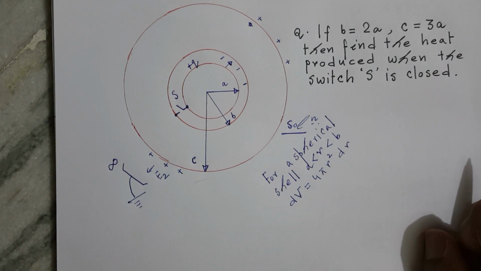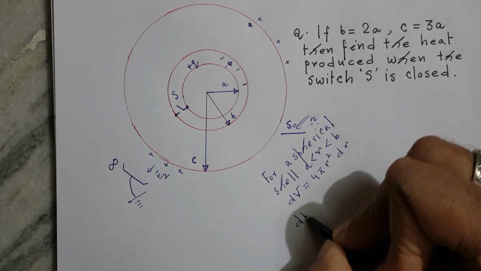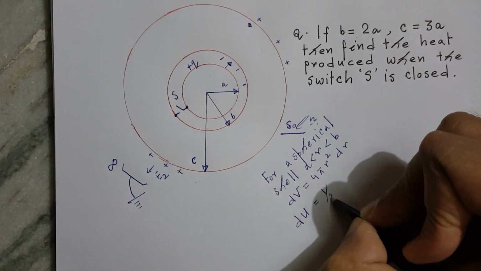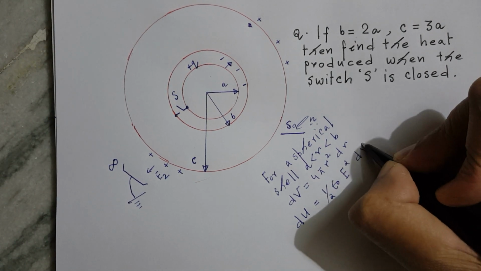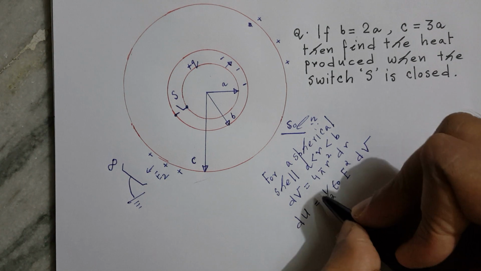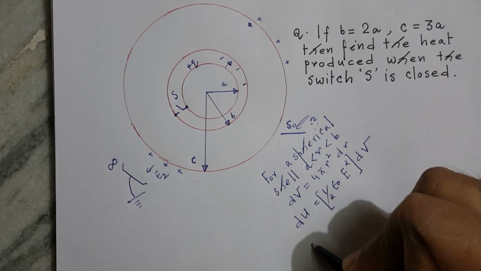So how do we find the electrostatic energy stored in the system? dU is equal to half epsilon naught E square dV. Half epsilon naught E square is nothing but the electrostatic energy density.